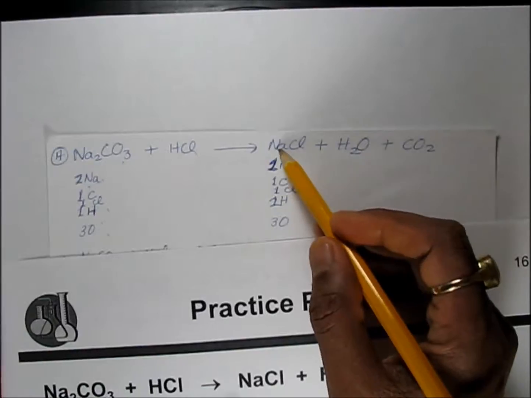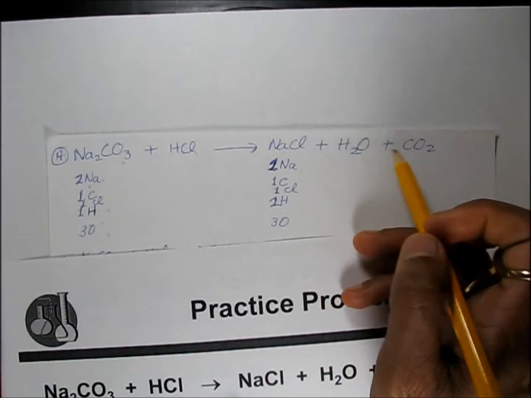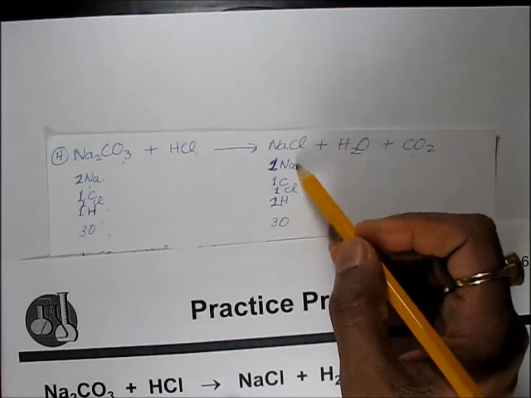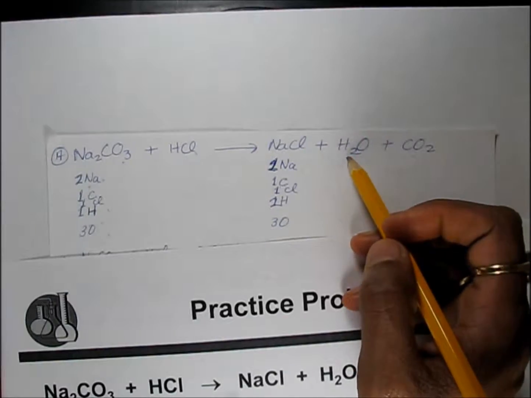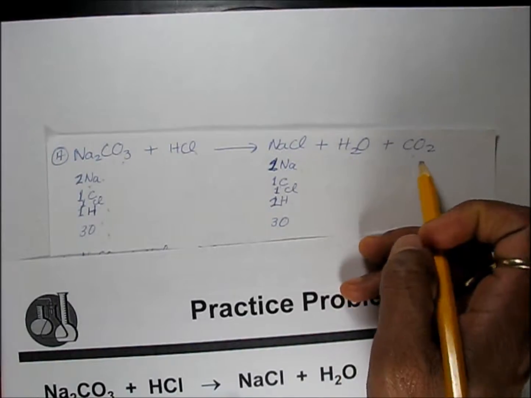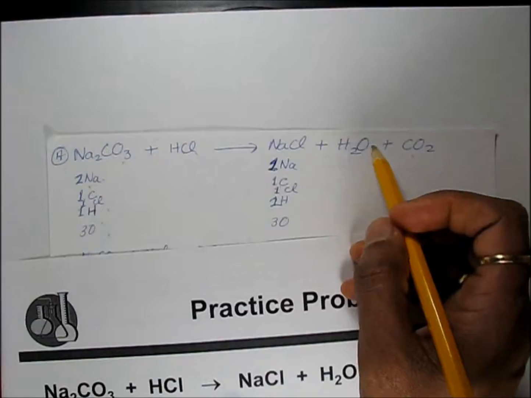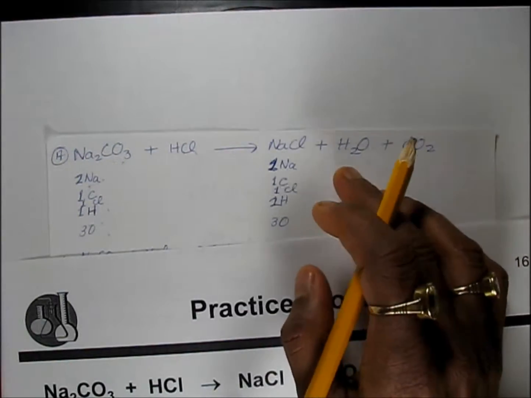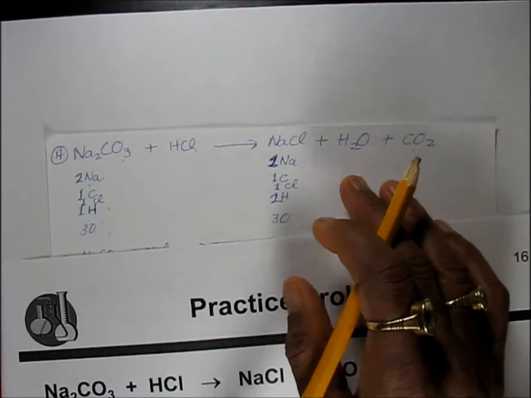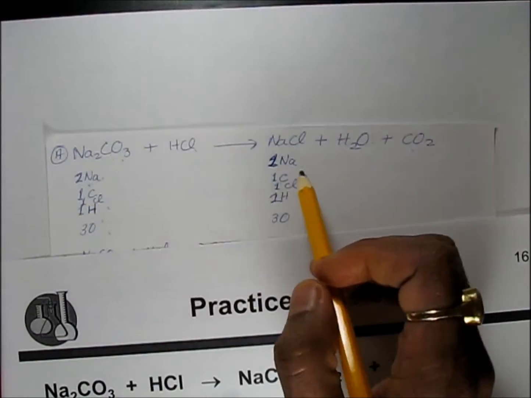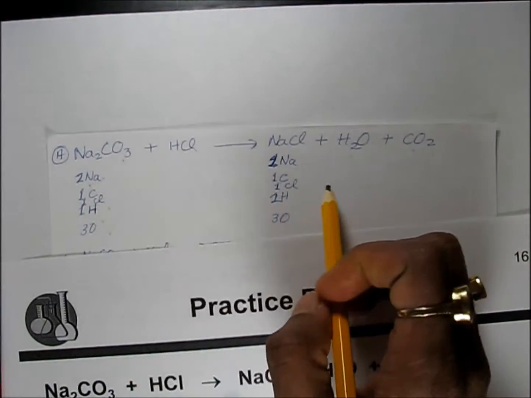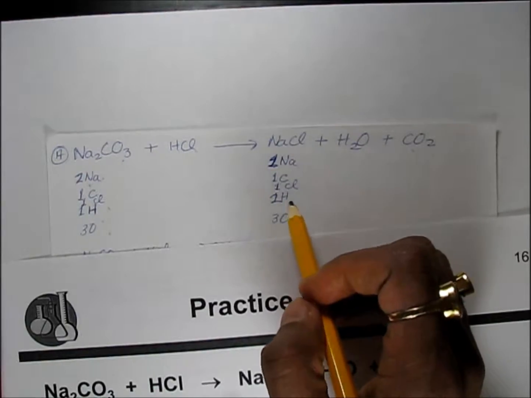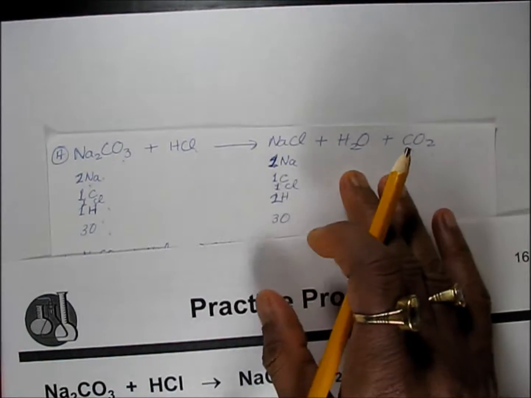On this side 1 sodium, 1 carbon, 1 chlorine atom, 2 hydrogen atoms and 3 oxygen atoms, 2 from carbon dioxide gas and 1 from the water molecule. So what do we balance first? Carbon is in the least, chlorine is in the least, we balance hydrogen and oxygen at the end.